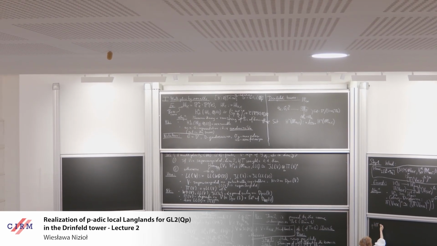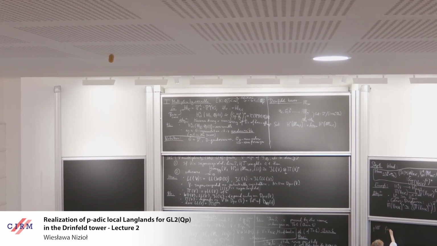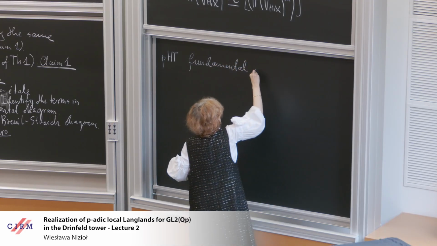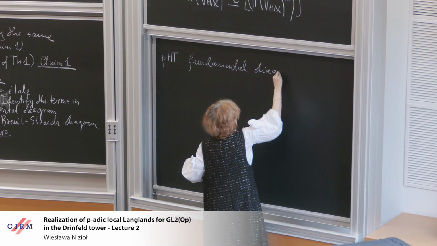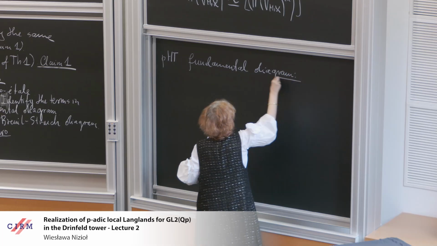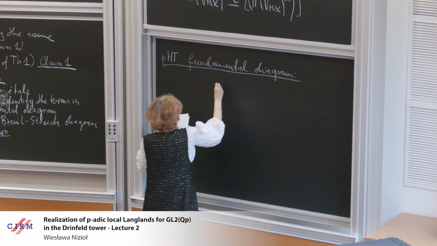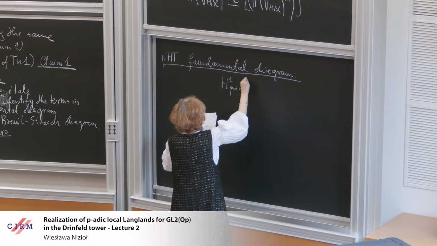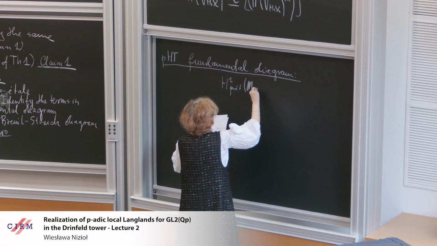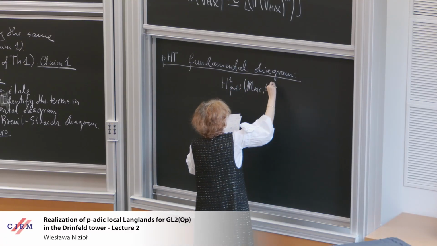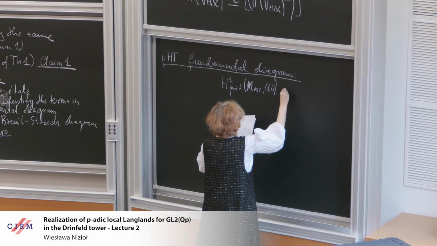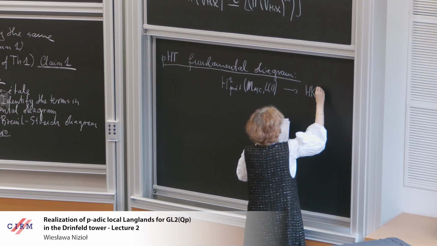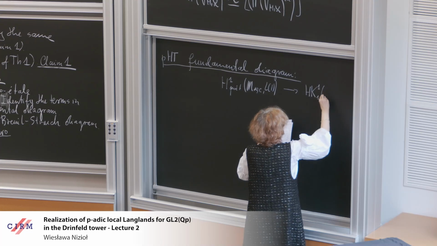So we have this diagram now. Okay, so we have H1 pro-etale in the middle, that's what we wanted. And at infinity, and twist it by 1. And then we have this, which I will write in this way because I am running out of space.